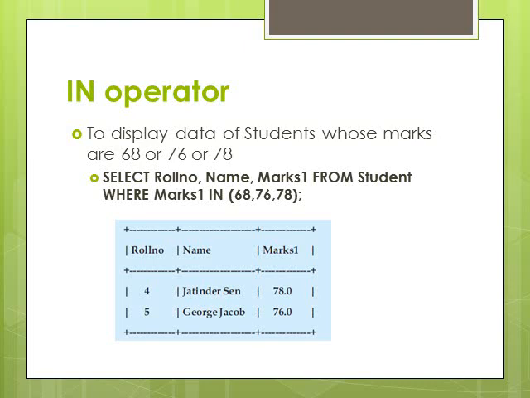You can see in the output only those records are being displayed where matching marks are available. So only two records are there, roll number 4 and 5, which have marks 78 and 76, but no record is displayed with marks 68 as there is no matching record. So it is showing only two records.